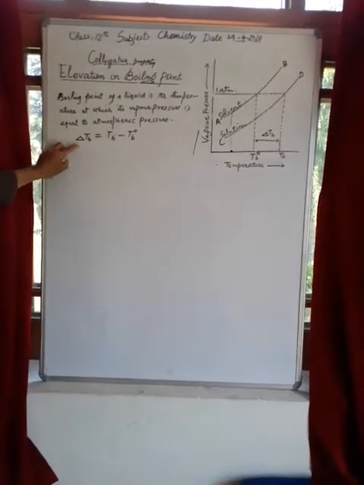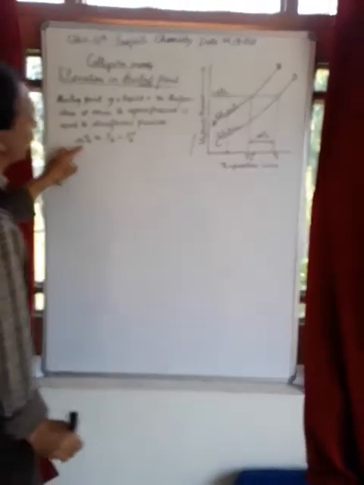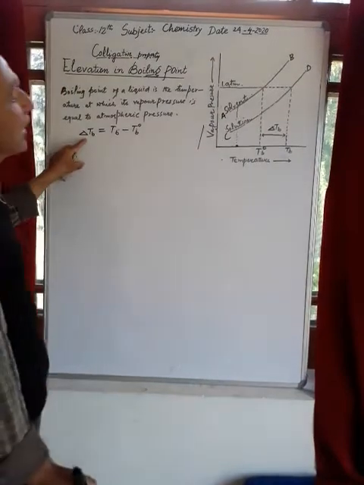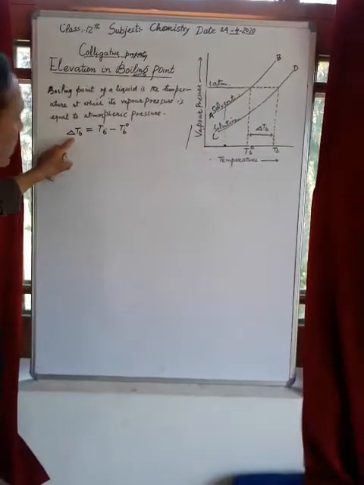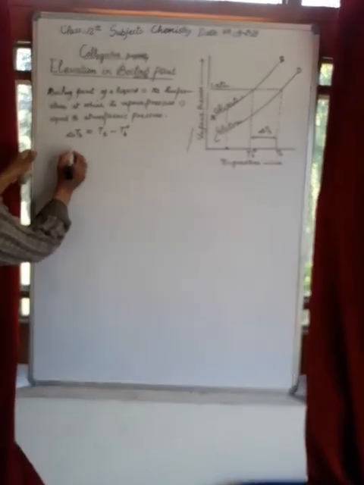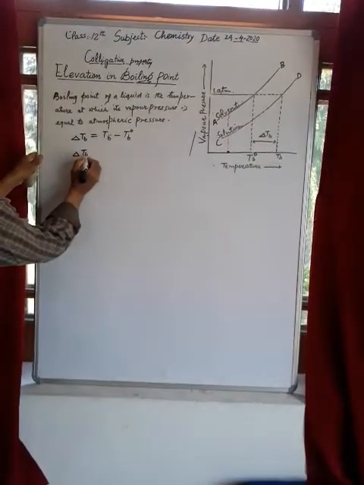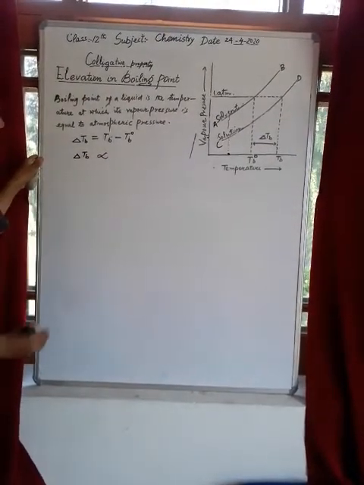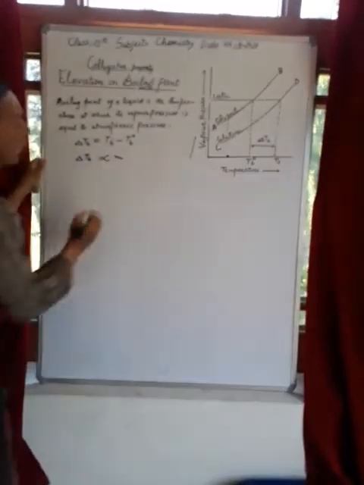Now, it is found experimentally that for dilute solutions, this elevation in boiling point del Tb is directly proportional to m. What is m?